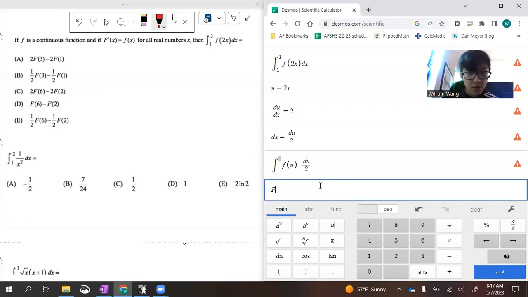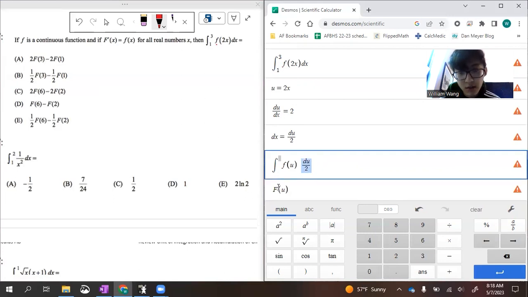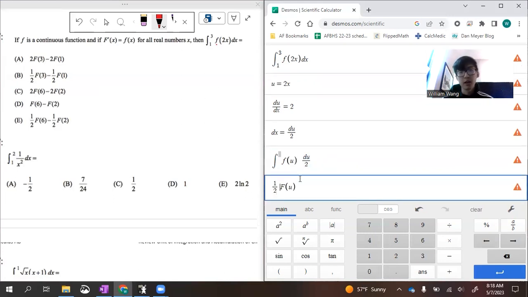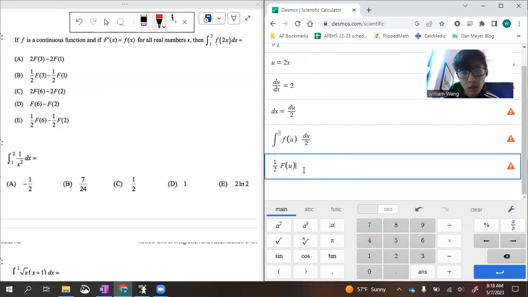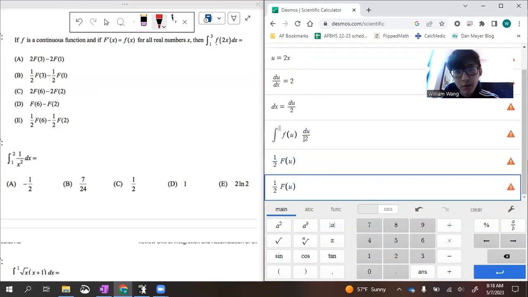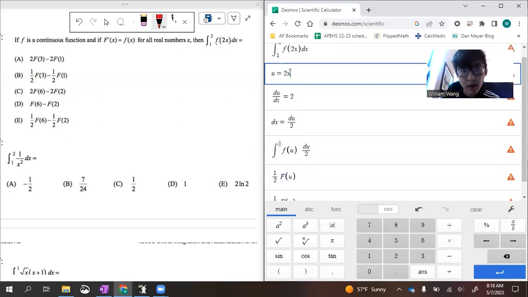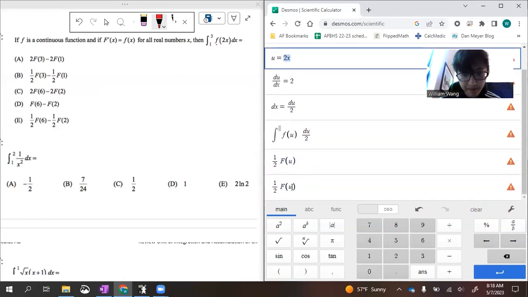So when I integrate lowercase f, it's now capital F of u. And it's actually 1/2 F of u, right? Because this du is divided by 2. So it's 1/2 F of u. Cool. I can now go back and replace my u. I integrated, so the next step I can replace everything back in, so my 2x back in.